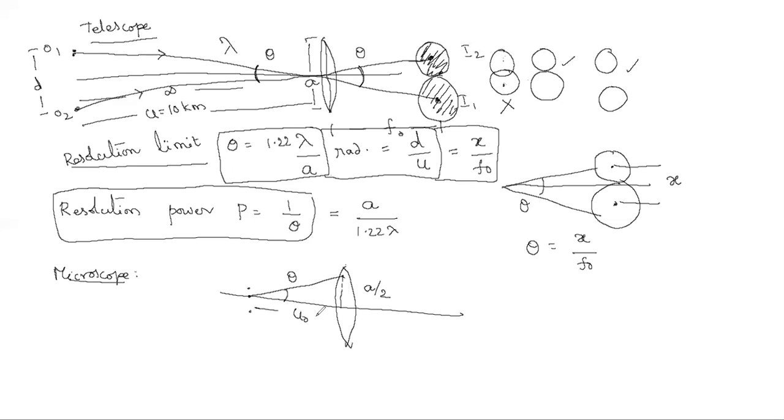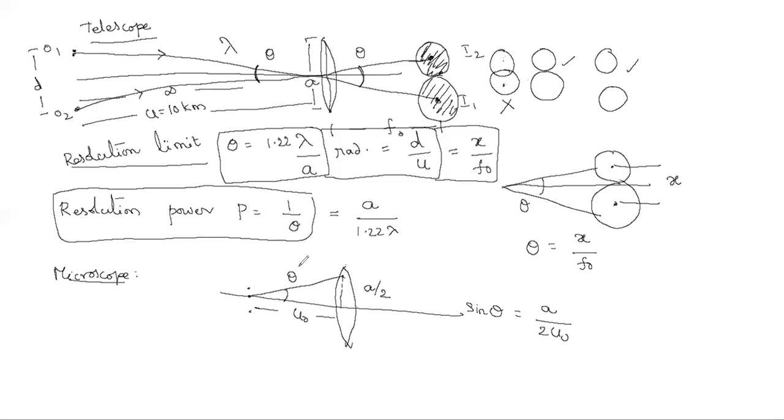So theta equals A by 2 into UO. This is actually tan theta, which we can approximate as sine theta, equal to A by 2.